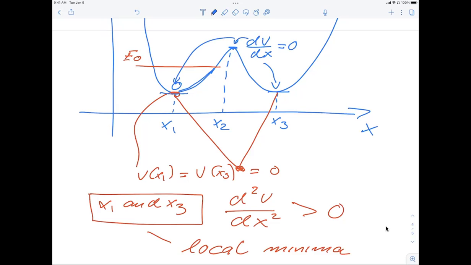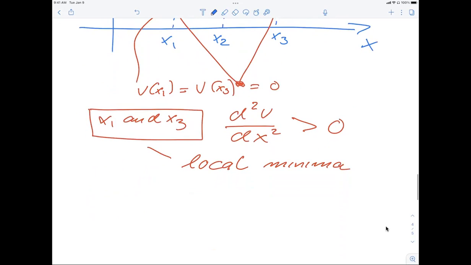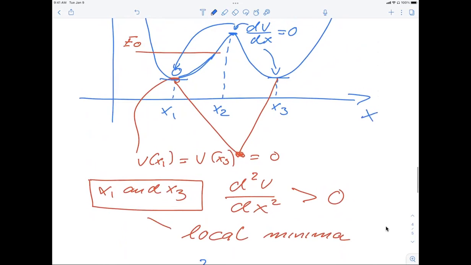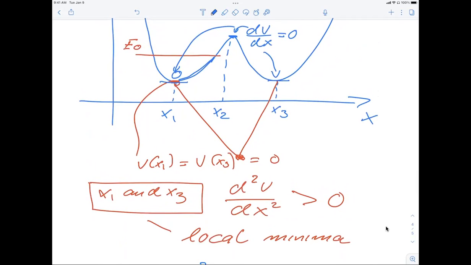But if you look at x2, what should we expect for the second derivative? What is your feeling about the value of the second derivative here?